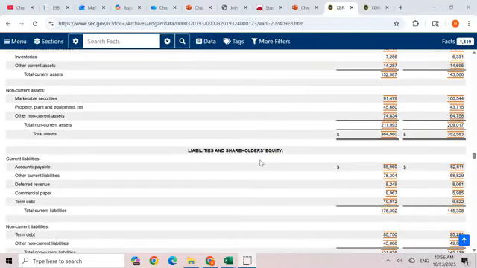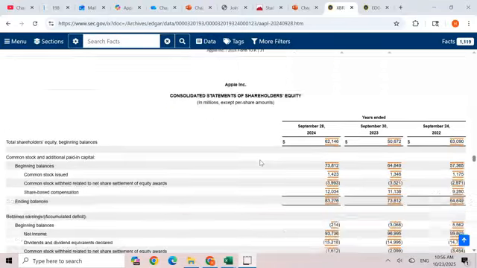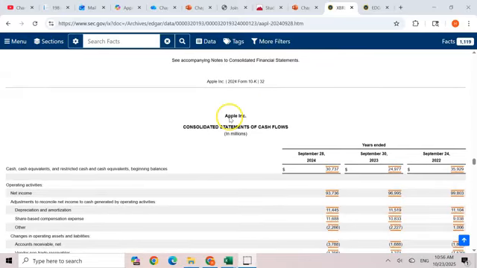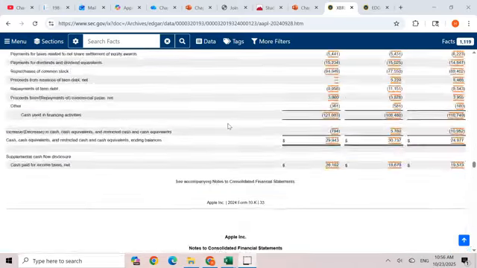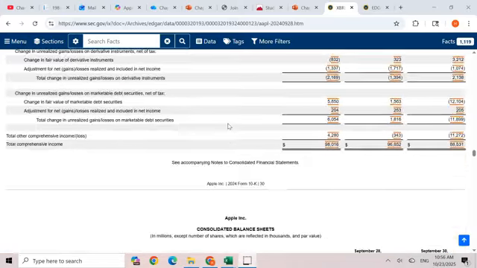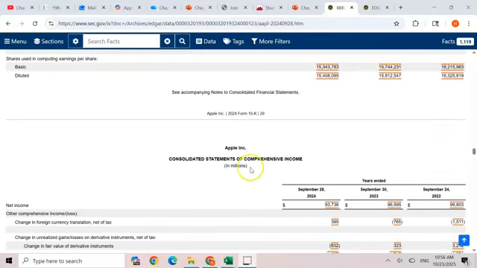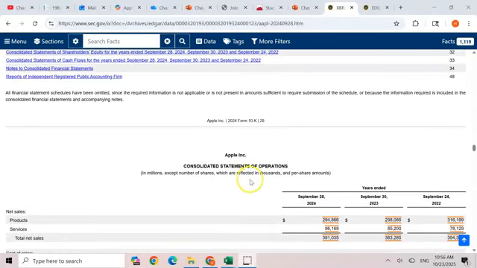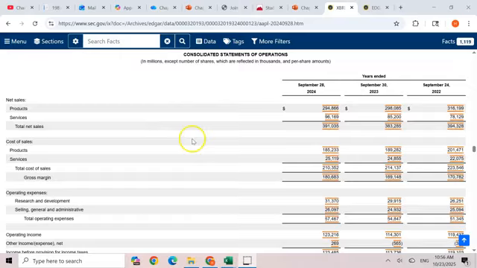And then you go into their income statement, which is above, their consolidated statement of operations. So that's their income statement. And here's their cost of sales for products, so that's really cost of goods sold. You can see the financial statements show 3 years, and that's just typical.